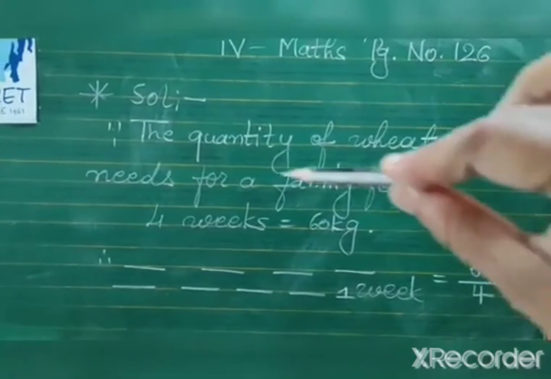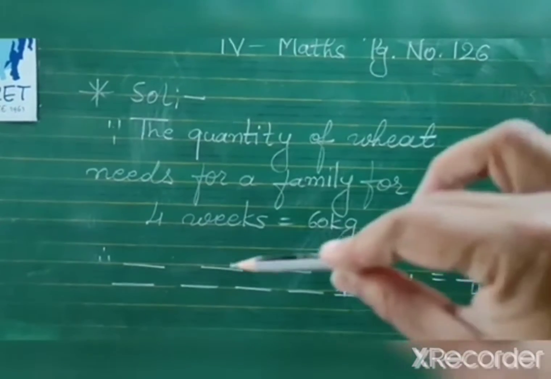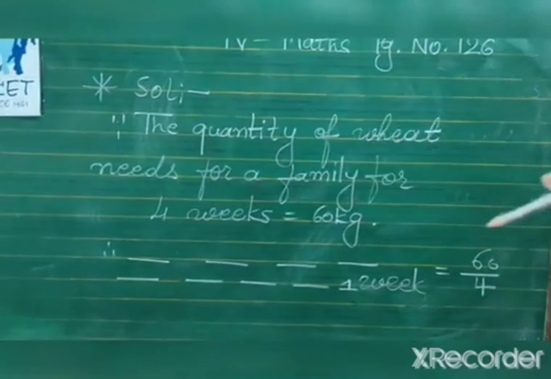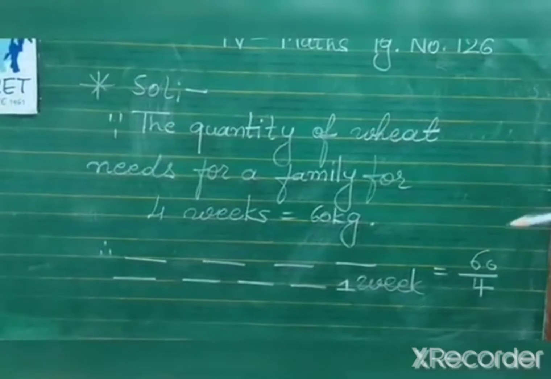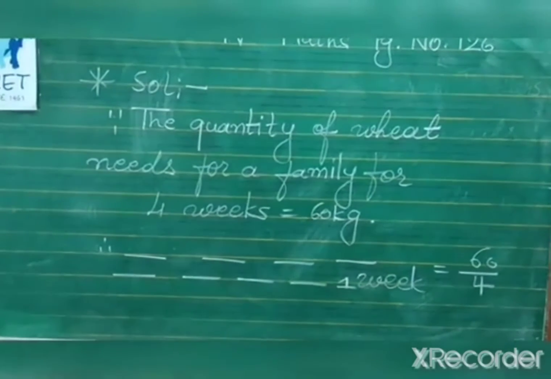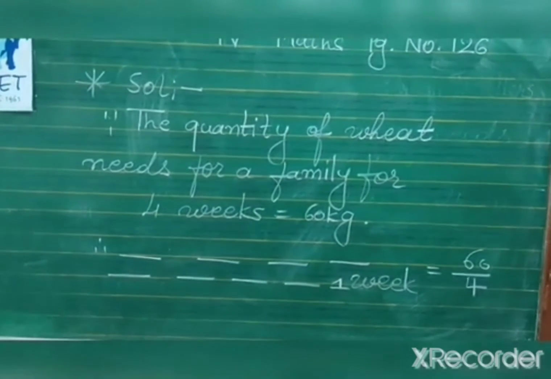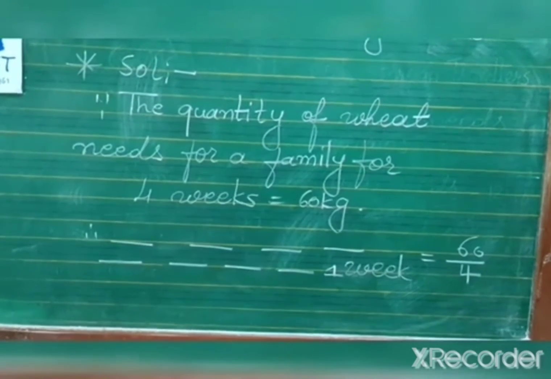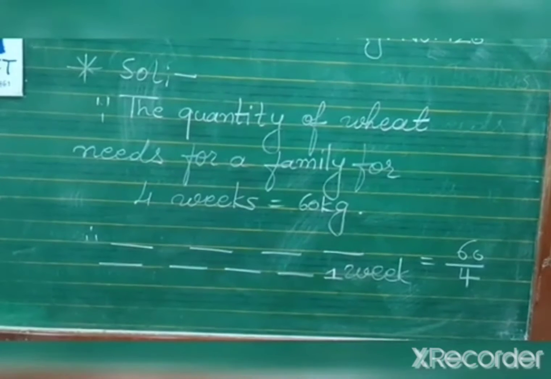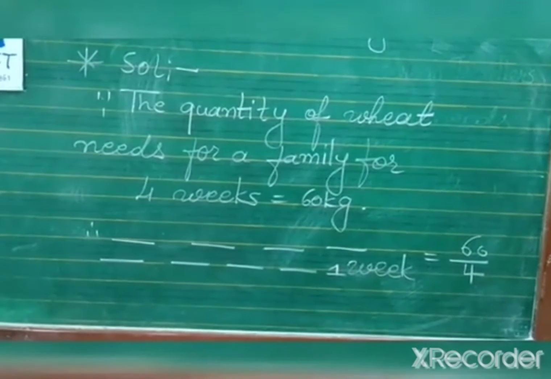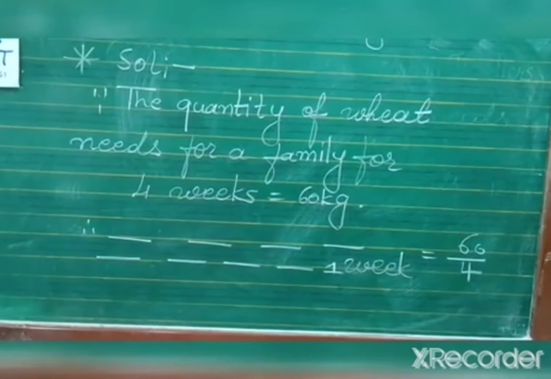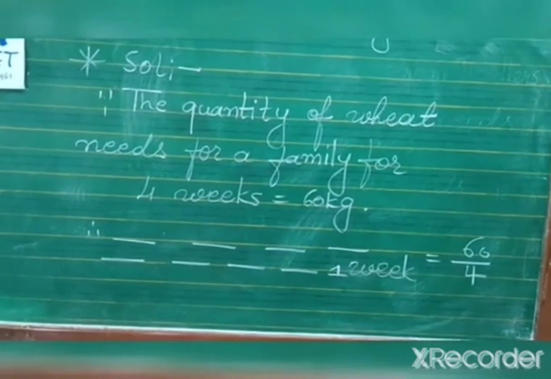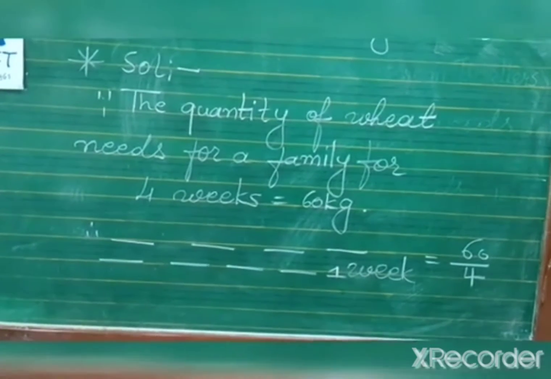The quantity of wheat needed for a family for 1 week is equal to, this number you will take in the numerator, this you will take in the denominator, and then the division method you will show inside, and whatever answer you get you will write. For 1 week the quantity of wheat needed for a family is dash kg.